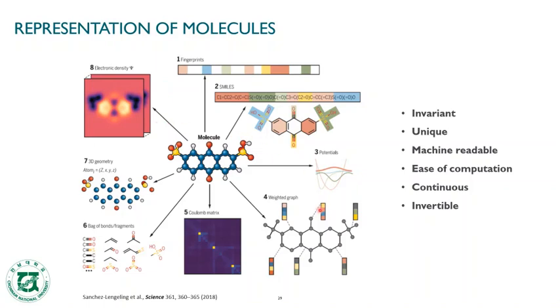However, we want something that is invariant and unique, machine readable, and easy to compute, and moreover, considering the inverse design problem, we want a representation that can be mapped into a continuous domain and is invertible. So at this moment, people are still trying to find better and better representations, not only for polymers, but even for inorganic and small molecules.